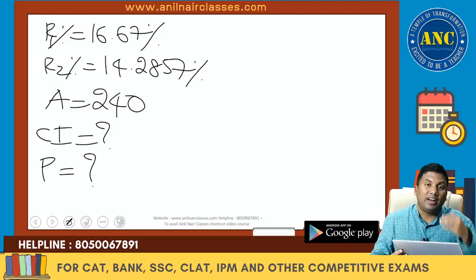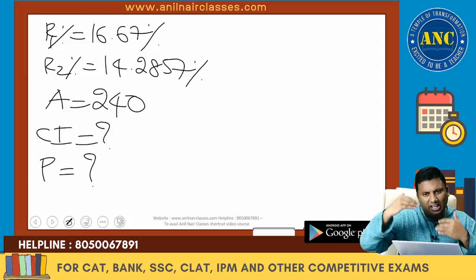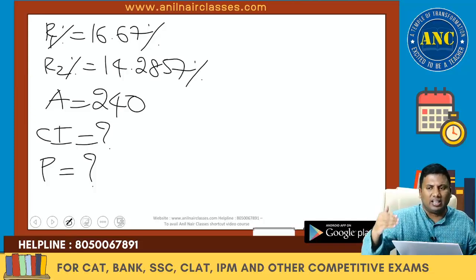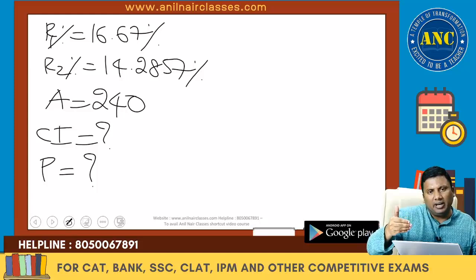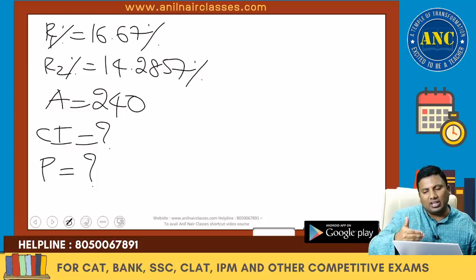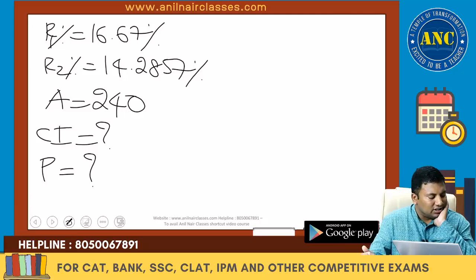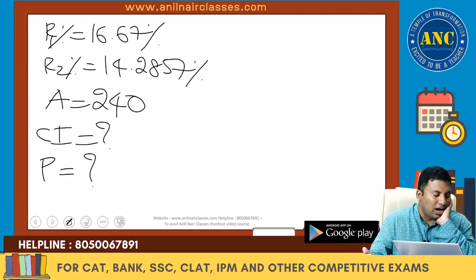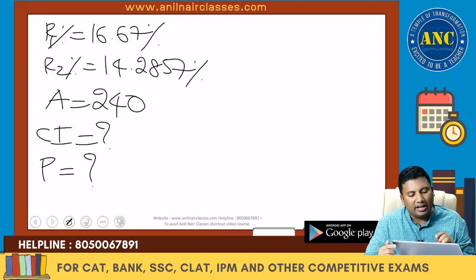If you see, everything will be in a structured way. That is how the classroom videos are there. First is easy, next is medium level, next is intermediate level, next is advanced level, finally it is exam model. R1 is 16.67, R2 is 14.2857, amount is 240, CI and principal.